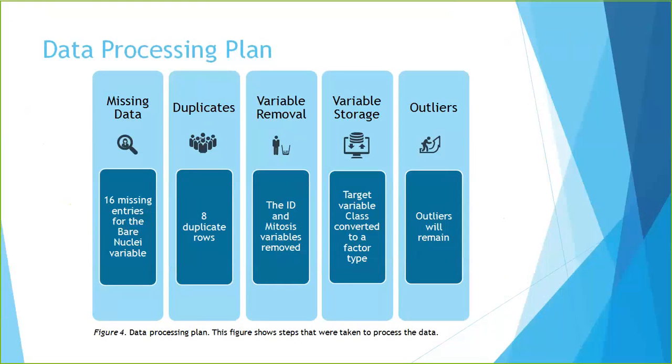There were also 8 duplicate entries that were removed from the data set, and the unnecessary variables of ID and mitosis were then removed, along with the class variable being converted to a factor type. Outliers were also found within multiple variables, but I decided to keep them in for my analysis. Since cancer can produce such extreme abnormalities, I thought that these outliers were a good reflection of the real world.